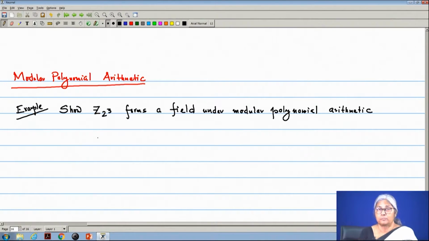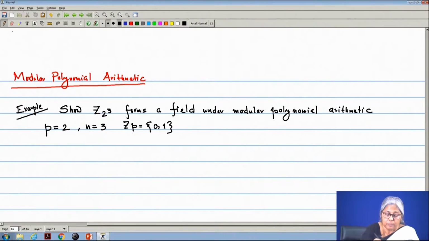So, first we have to take the set of polynomials. Since it is p to the power n, p equal to 2, n equal to 3. So, p equal to 2 means Z2 is 0 and 1, and n equal to 3.